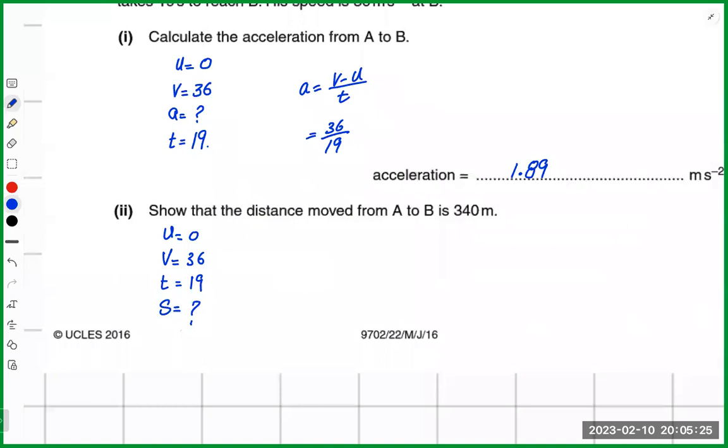Actually, any formula of constant acceleration that has S in it can be used to find distance here. Because when four variables are given and the fifth one is missing, you can pick any formula and put the values in and calculate the answer.